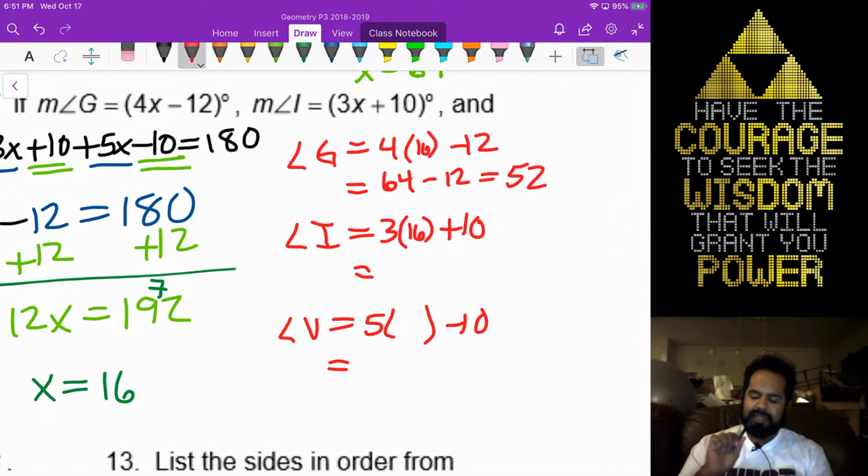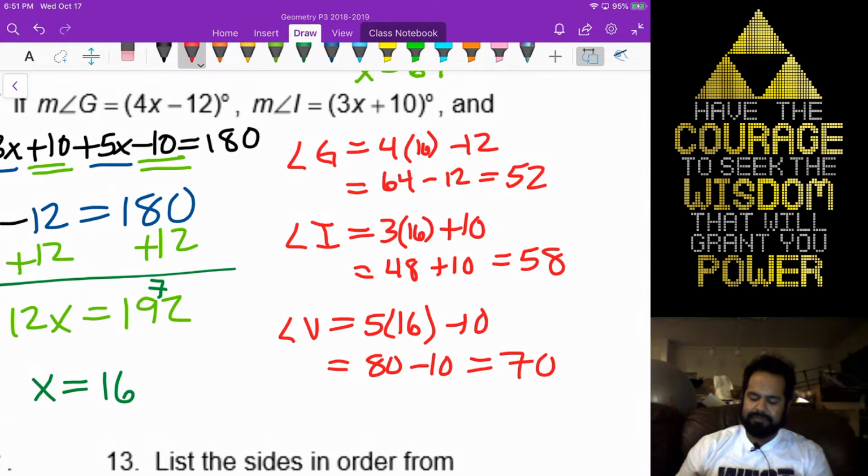So that's going to be 48 plus 10, which is 58. All right, now we're getting much better. 16 times 5, that's going to be 80 minus 10. So that gives us 70. All right, now looking at this, all 3 of our angles add up to 180.